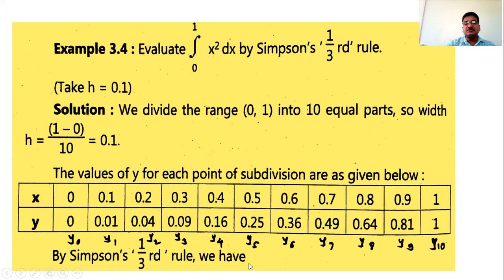Directly write Simpson's 1/3 rule or the trapezoidal rule and substitute the values. In the next few examples, the function is not given but the table is given.